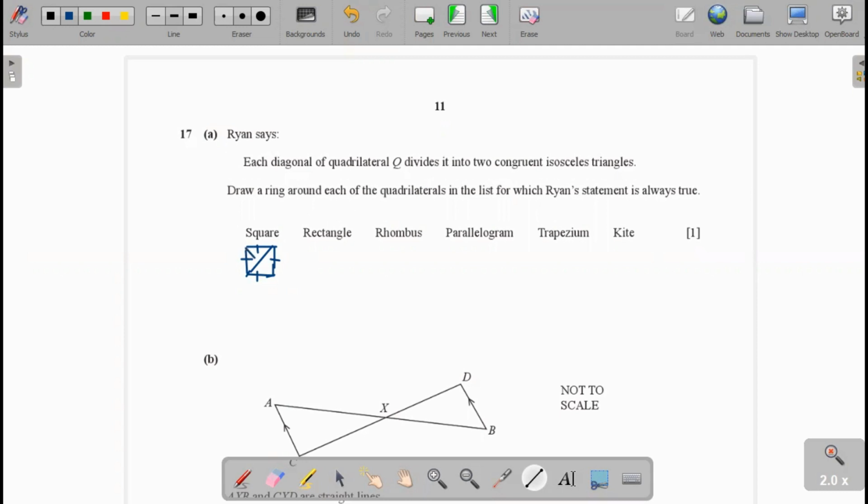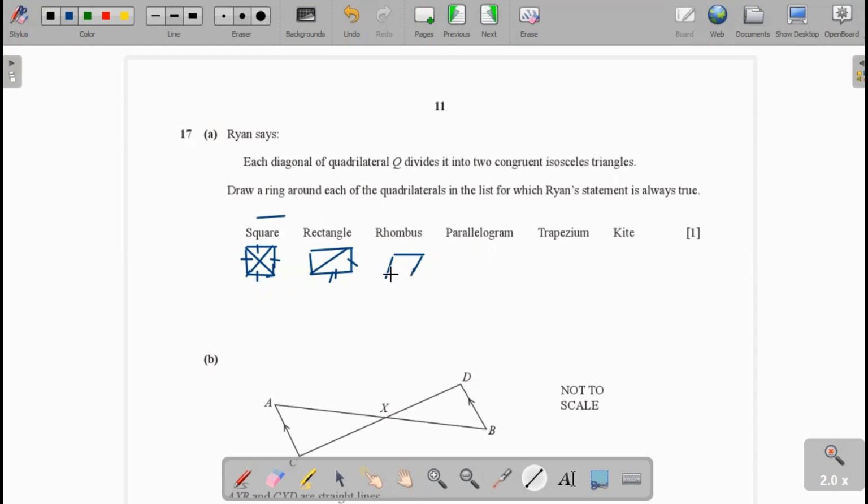Next we draw the other diagonal, and this diagonal also divides the square into two isosceles triangles. In the rectangle, we see that this is not an isosceles triangle. Therefore, the square is an answer.